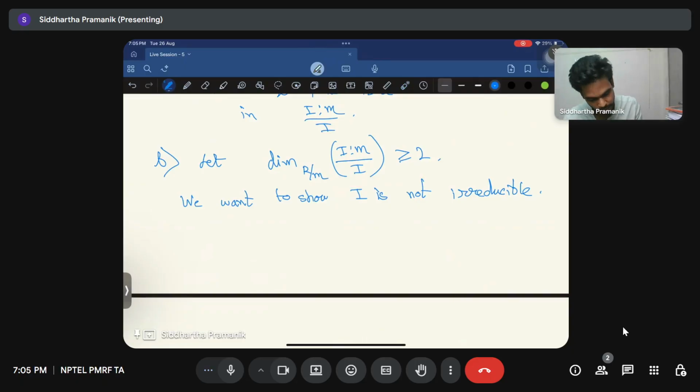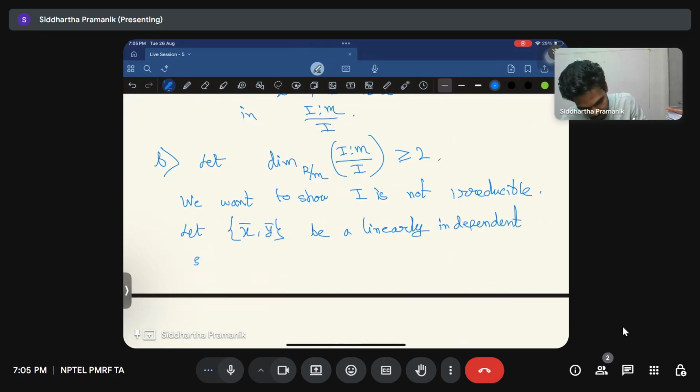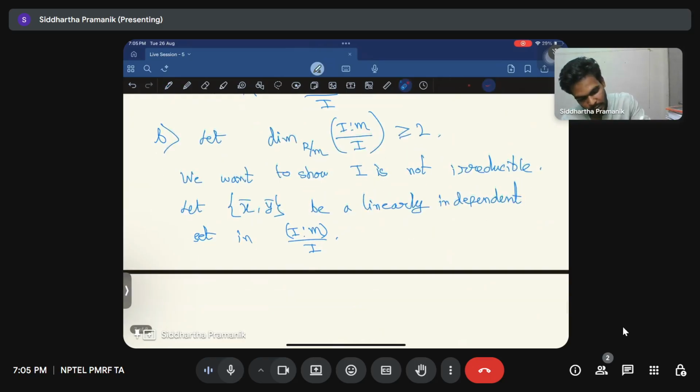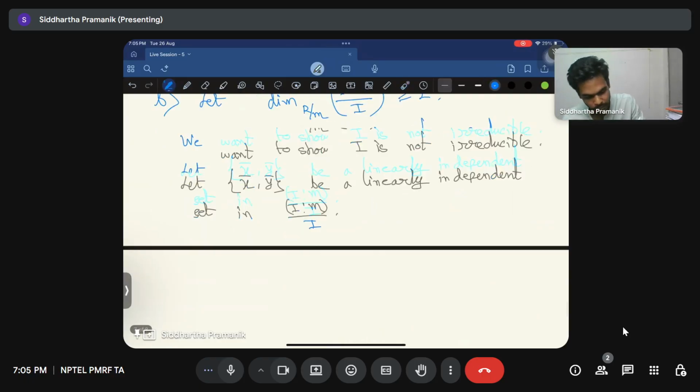So let's take two elements. So let x bar, y bar be a linearly independent set in this vector space. So these two vectors are linearly independent.